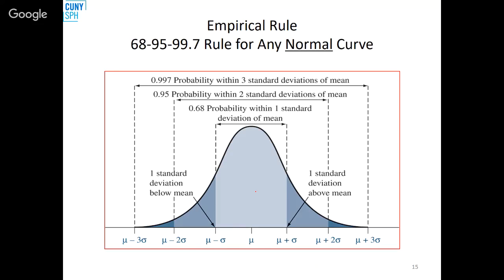The empirical rule is kind of a handy thing to know just for simplifying a lot of normal distribution calculations. And it's just a list of probabilities for intervals centered around the mean. So if you have an interval centered around the mean that goes plus and minus a standard deviation, that contains about 68% of the probability.